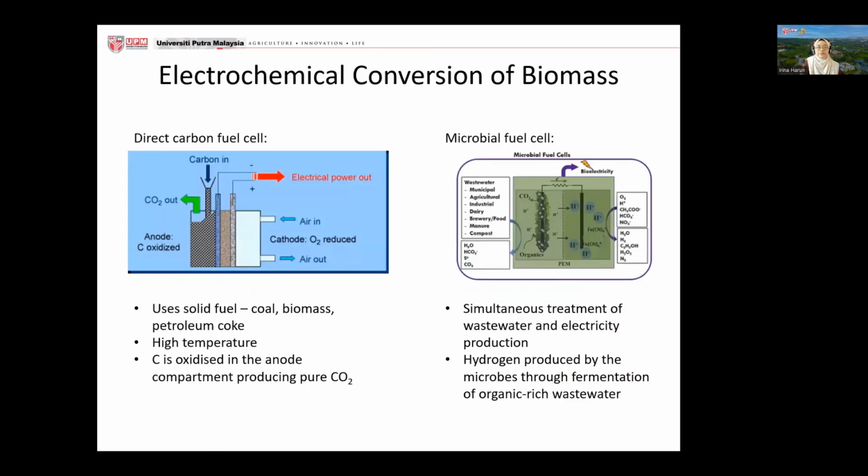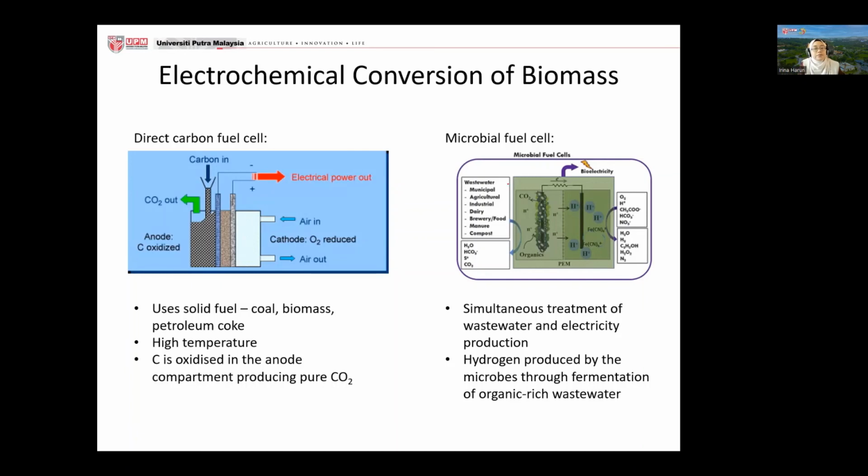And of course, if you are interested in that, you can look into direct carbon fuel cells and microbial fuel cells. The mechanism is very, very similar to each other. It's only utilizing different types of biomass.